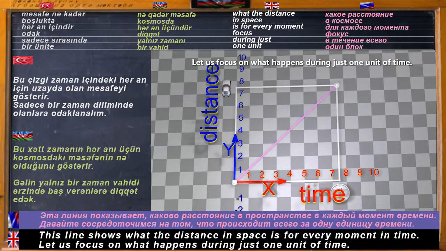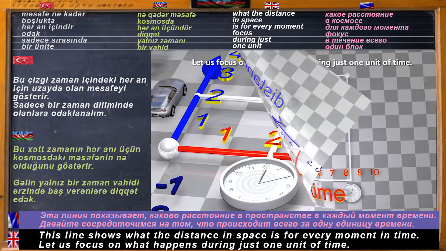Let us focus on what happens during just one unit of time.